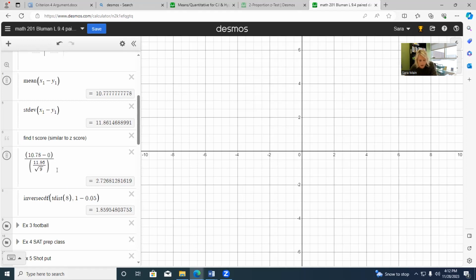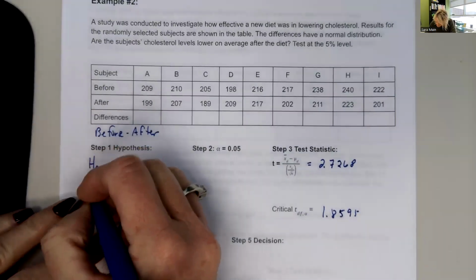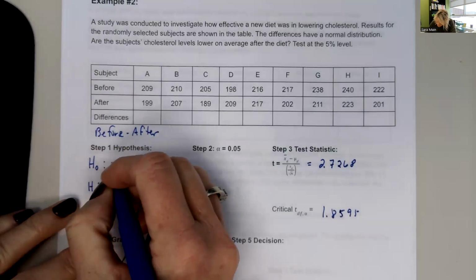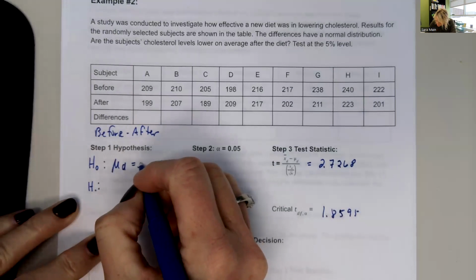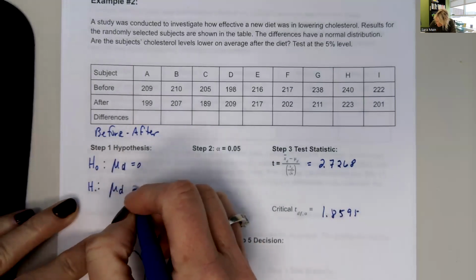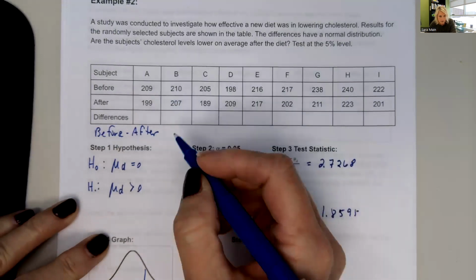2.7268, and our critical T value for the danger zone is 1.8595. And so going back to our paper here, on the statement where our null is that the mean of the differences is equal to zero, and we're testing that the mean of the differences is greater than zero because we think that the befores are bigger than the afters.